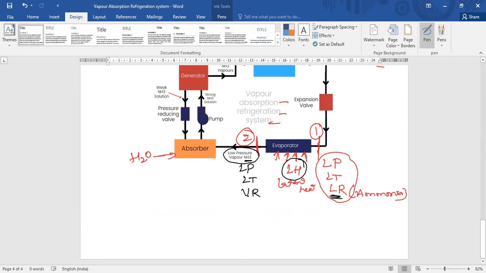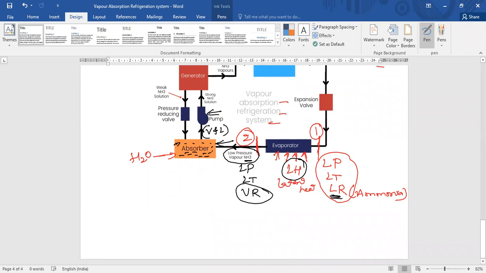So low pressure, low temperature vapor refrigerant enters inside the absorber. In the absorber there is a water solution, and that water solution will be mixed with this vapor refrigerant, and the mixture will be pumped to the generator with the help of a pump.